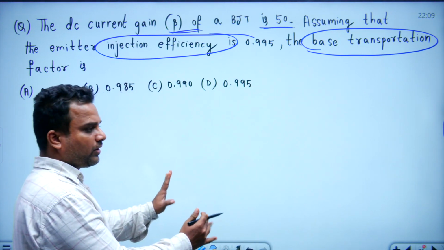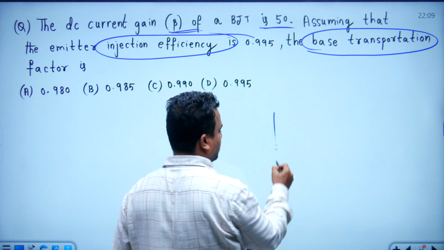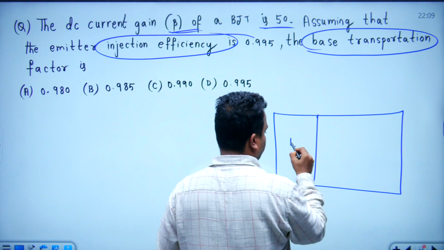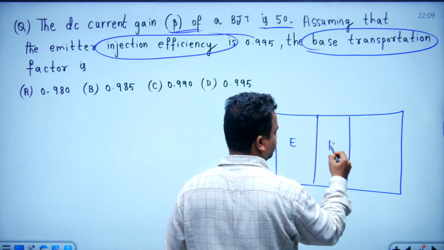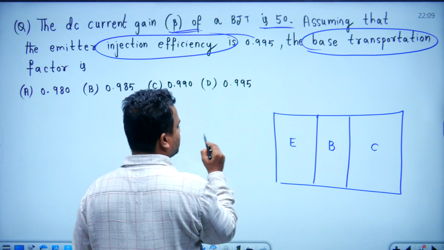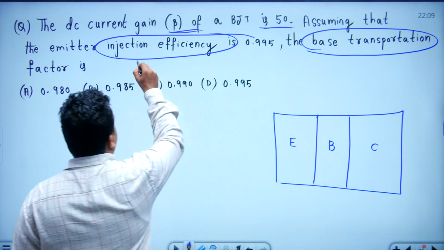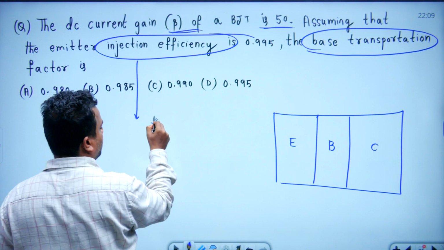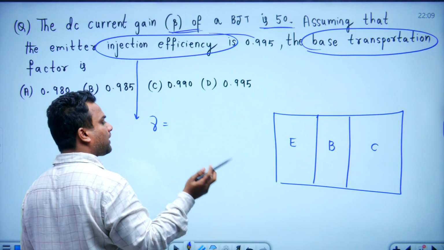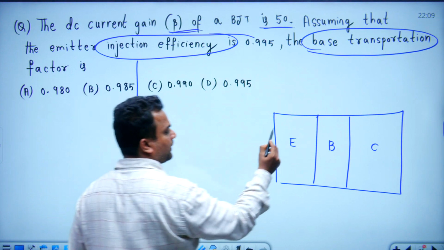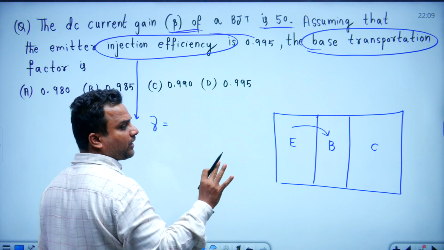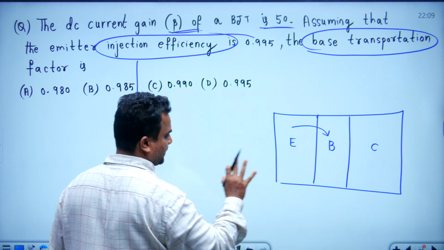Remember. Now let's have, guys, there is a PNP transistor: emitter, base, collector. Guys, here remember emitter injection efficiency is denoted by the letter gamma, that is the number of carriers injecting from emitter to the base to the total carriers crossing the emitter junction.